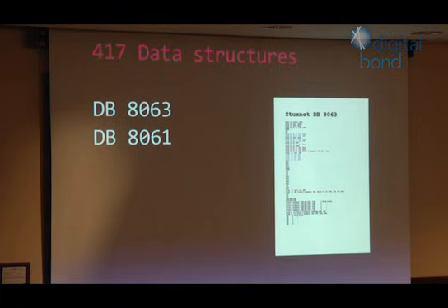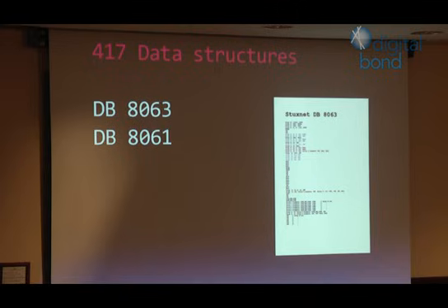This is how it still is done on controllers. So you have not only roughly 30 function modules, you also have a set of data modules. And the interesting thing is that when you look at these data modules, you don't see actual data, but you see the structures, how the code actually works on its data.